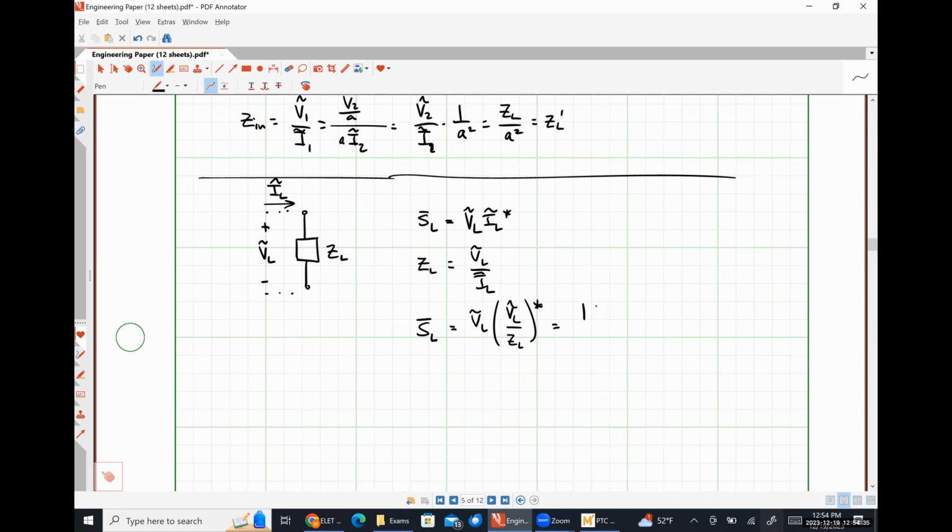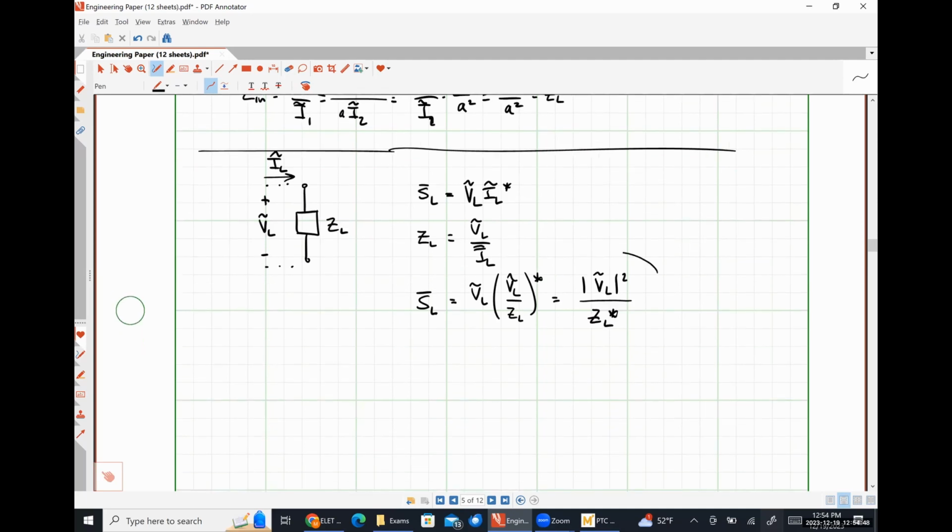This is the same thing as the magnitude of the voltage drop squared divided by the complex conjugate of my load impedance. This is the relationship that we're going to use just for review's sake, though.